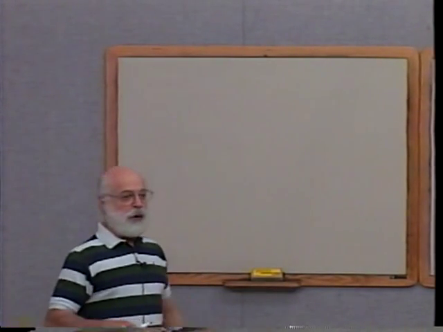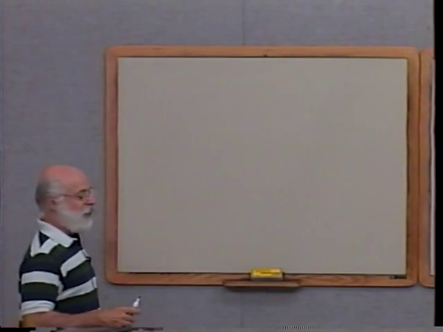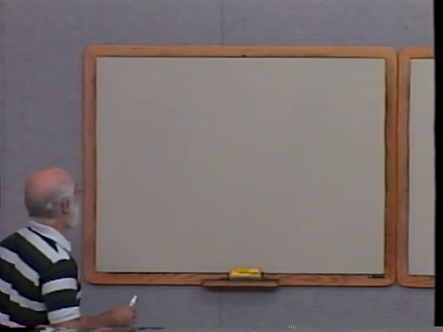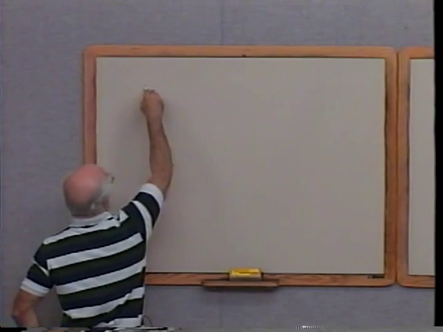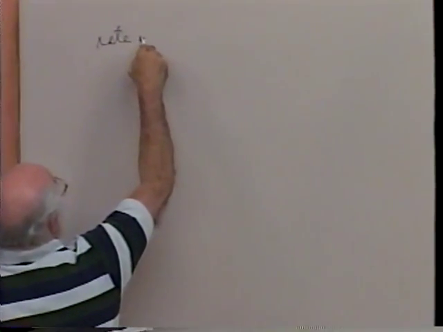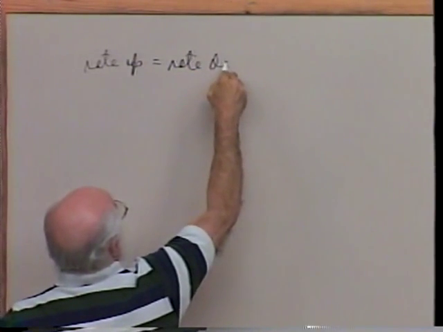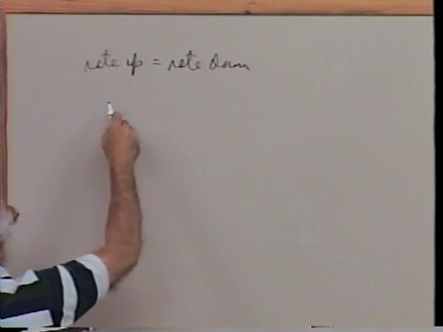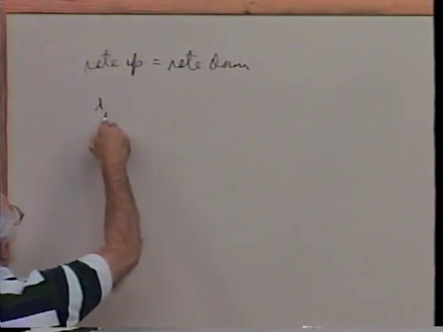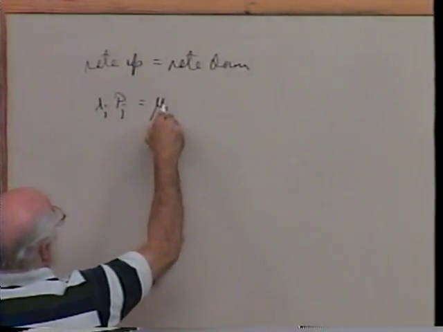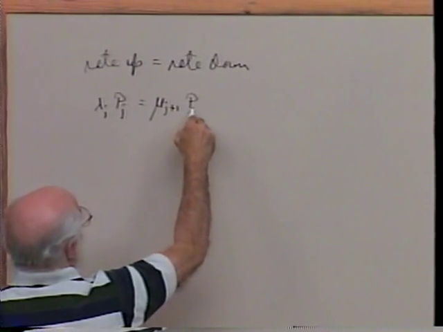Now what we did before was we had systems in which we could express things by writing rate up equals rate down. For example, we'd say things like lambda sub j p sub j is equal to mu sub j plus 1 p sub j plus 1.